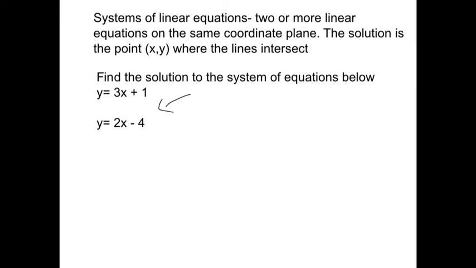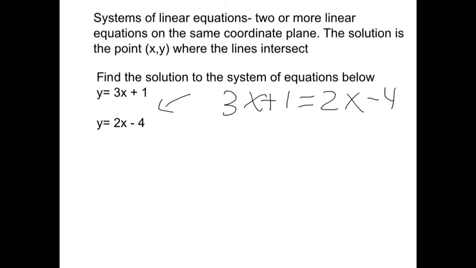So if I have y equals 3x plus 1 and y equals 2x minus 4, then the transitive property says if a equals b and b equals c, then a equals c. I can set 3x plus 1 equal to 2x minus 4 because they both equal y, and I want to know when they both equal the same y.